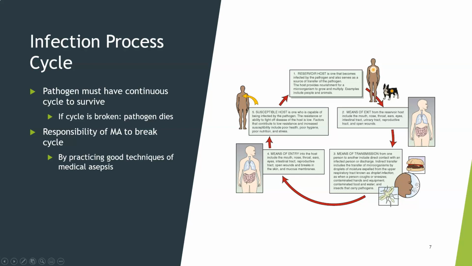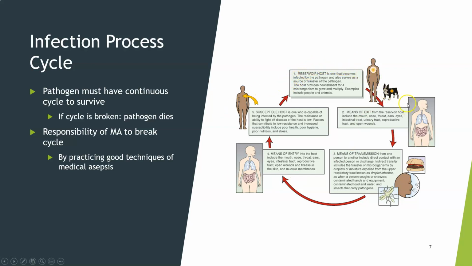You have to be exposed to a reservoir host. The pathogen then has to exit that host. It has to have a way to be transmitted, then has to enter your body, and then your own immune system has to not fight off that infection. And so the infectious process and how infectious a disease is has to do with how able it is to complete this cycle.